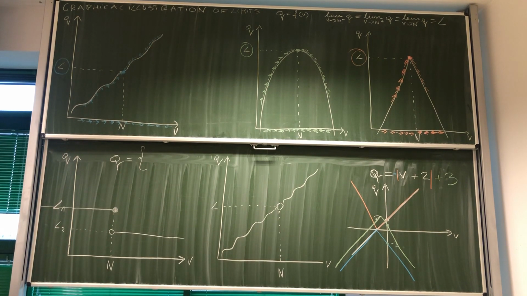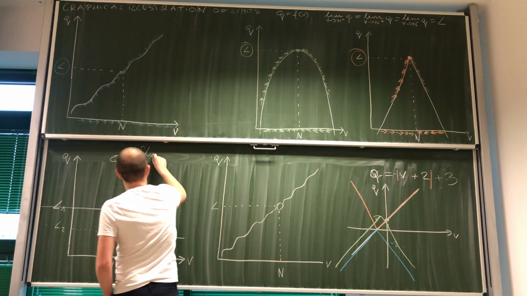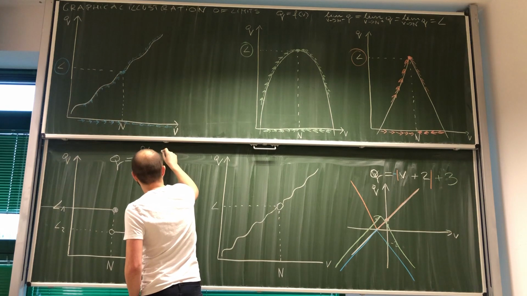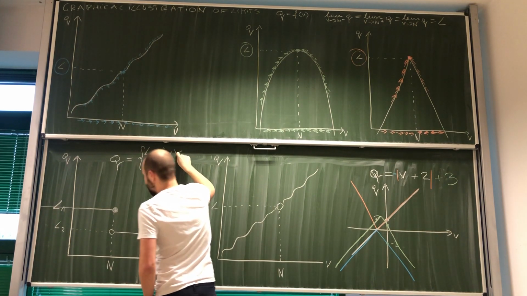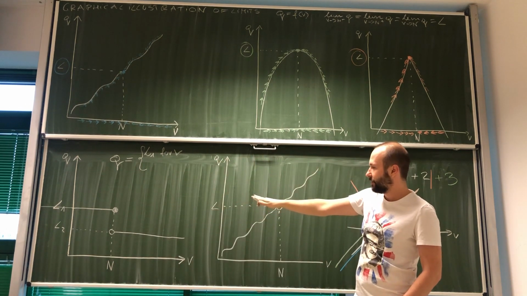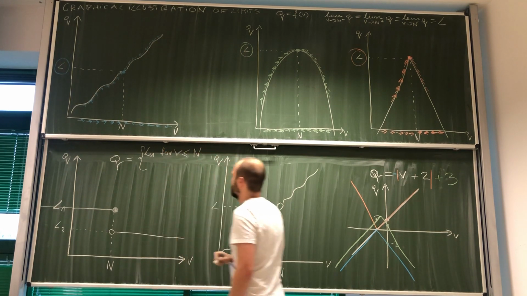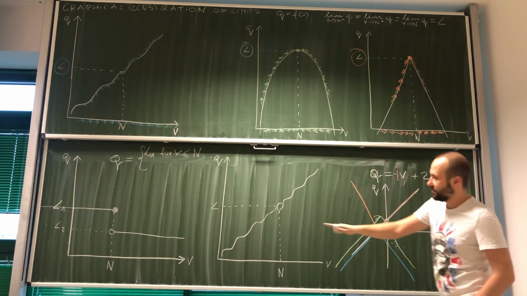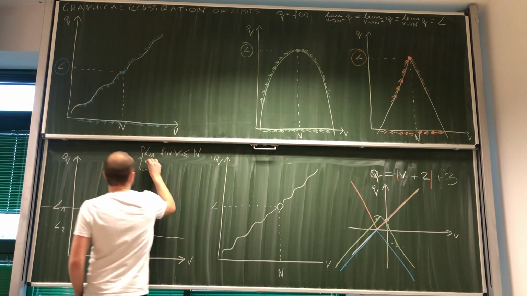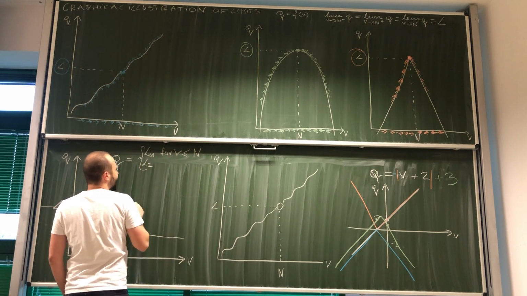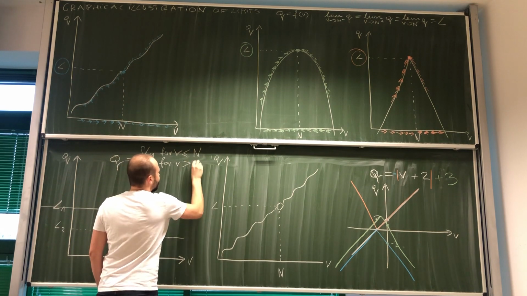So this function takes two values: L1 for v that is lower or equal to n, right? On the other side, we've got this point, and the value of this function is equal to L2 for v that is bigger than n.